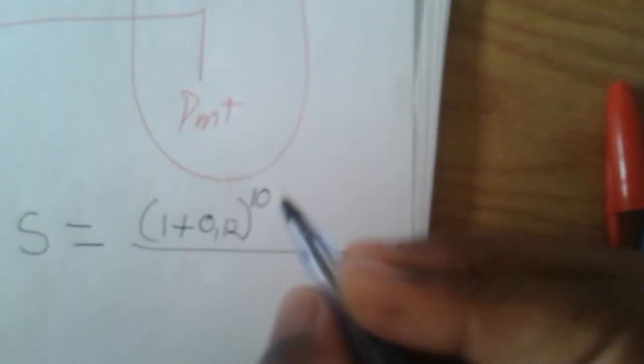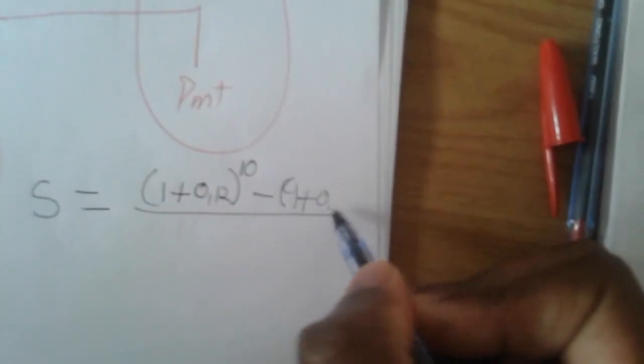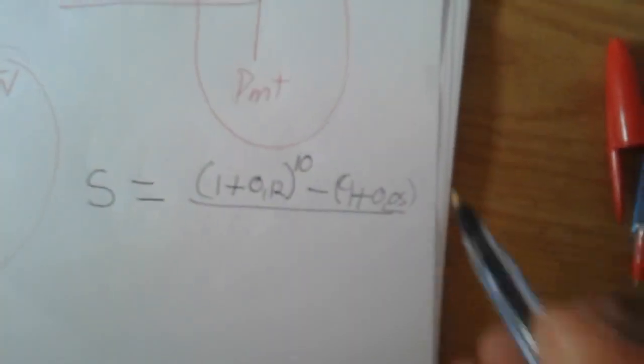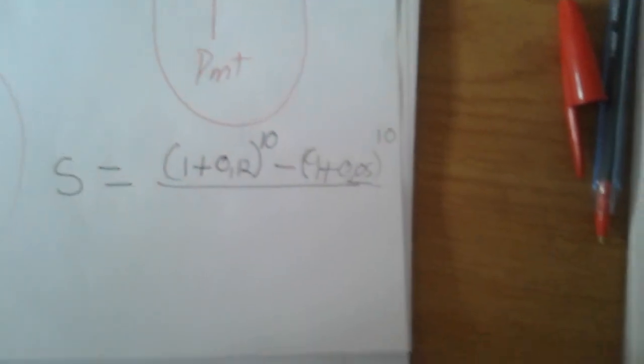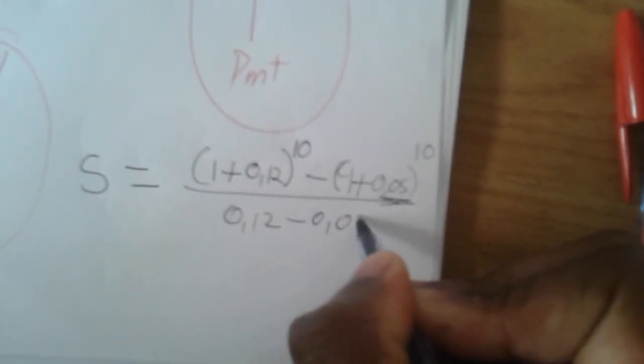Obviously your power is 10. Then you minus (1 plus your escalating rate of 0.05). Please don't confuse the escalating rate with the interest rate. To the power of 10 again, right? Everything divided by 0.12 minus 0.05.